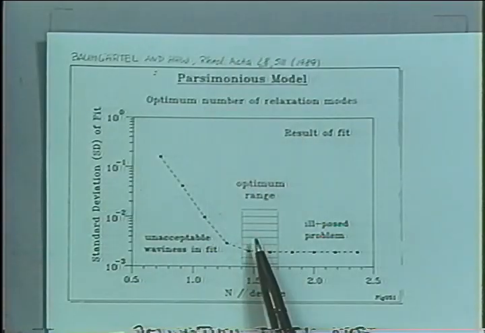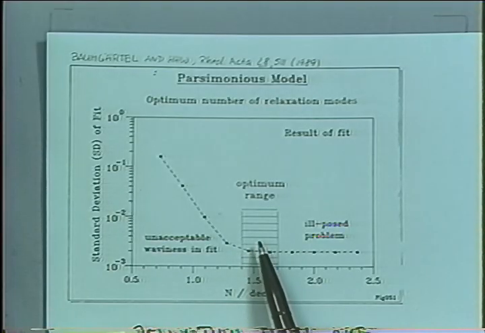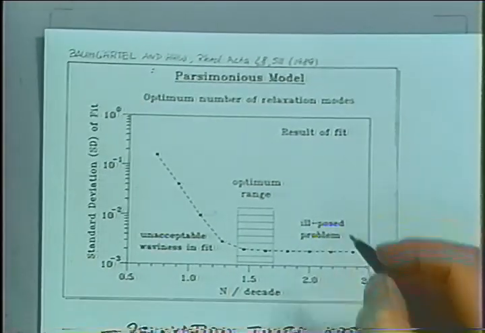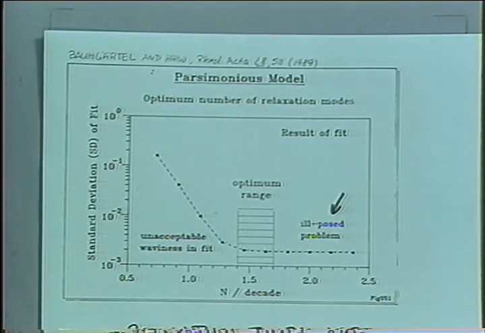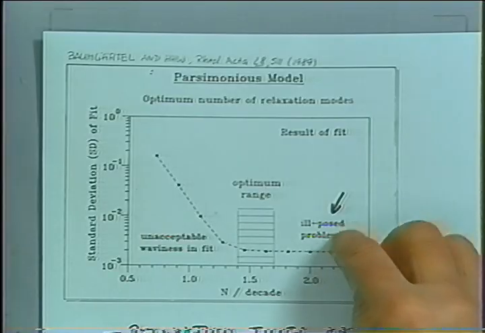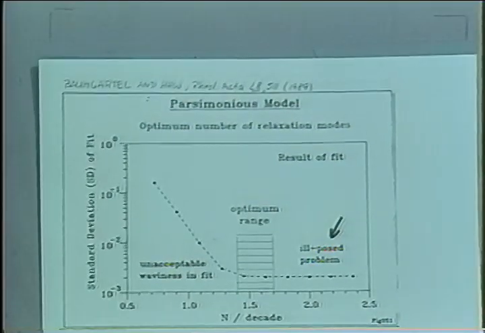So we would be starting with a large number of relaxation times and then move into this optimum range and get a good set for our spectrum. At high values of the number of relaxation modes, the problem becomes ill-posed.